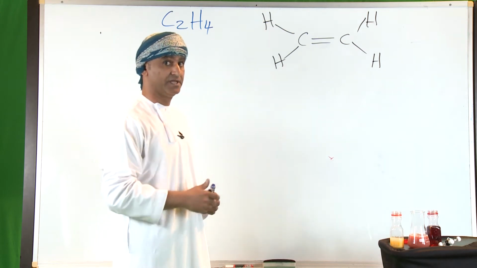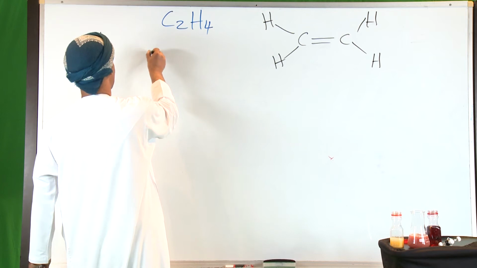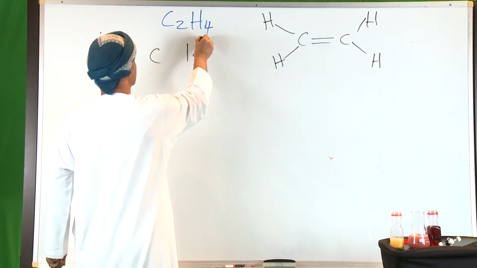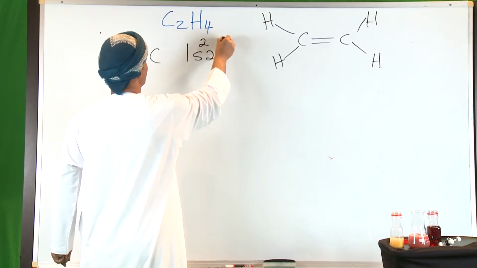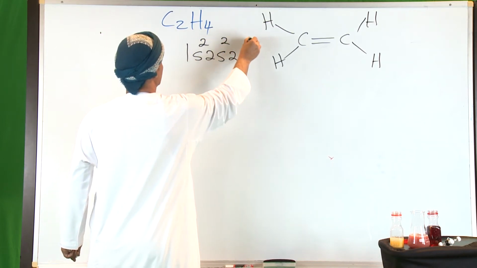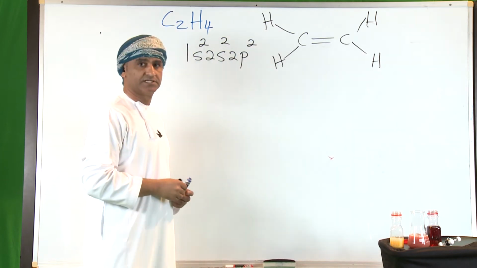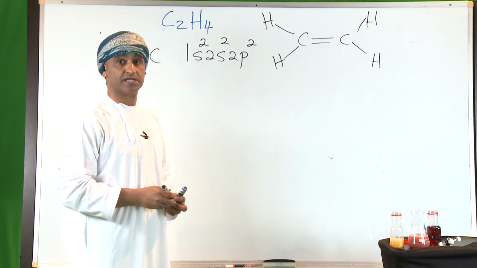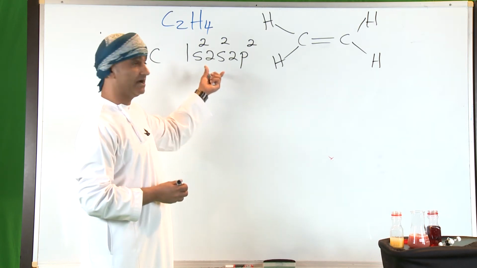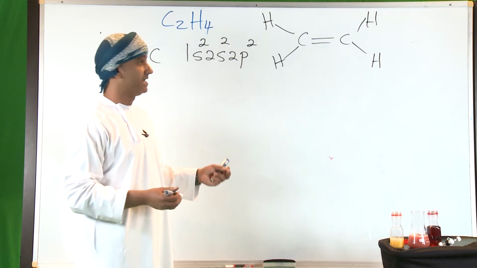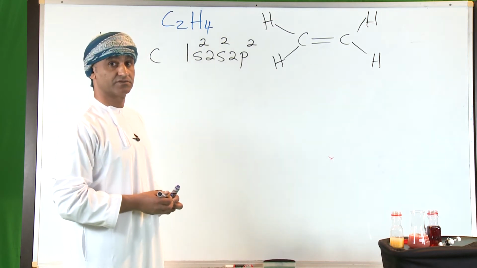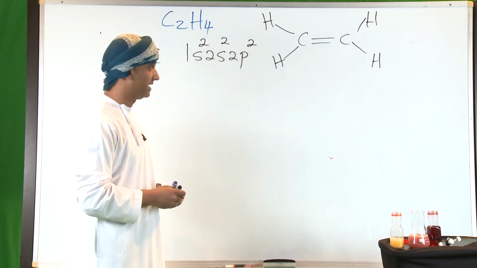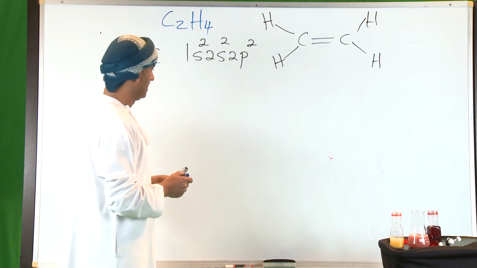Let's recall again the electronic configuration of carbon. Carbon has an atomic number of 6. The electronic configuration is 1s2, 2s2, 2p2. Just like the practice that we have done before in the case of methane, let's distribute the valence electrons located in the outermost shell in orbitals. If you remember, it is valence electrons that are responsible for bonding, electrons located in the highest principal quantum level, and there are 4 in the case of carbon.